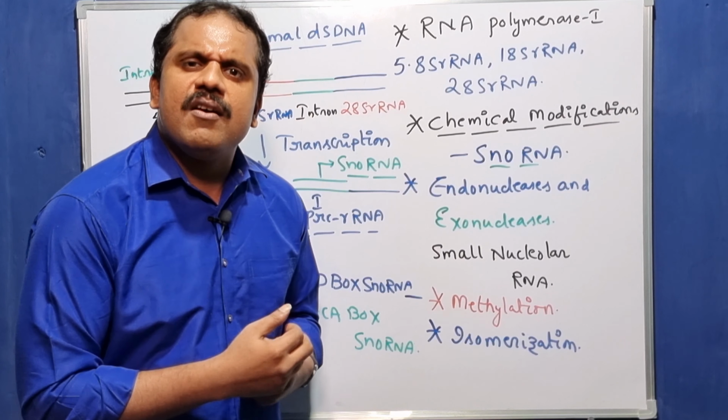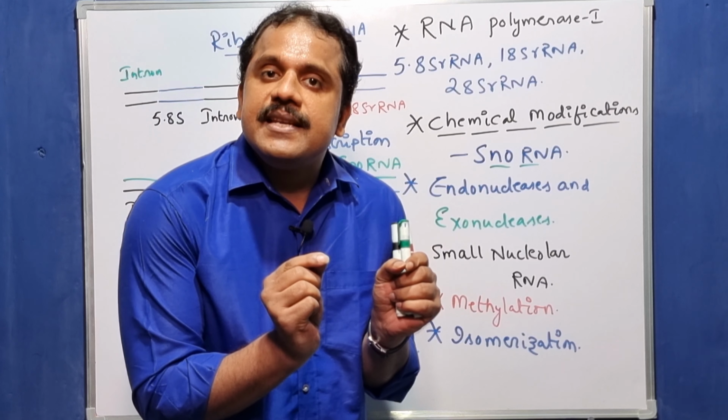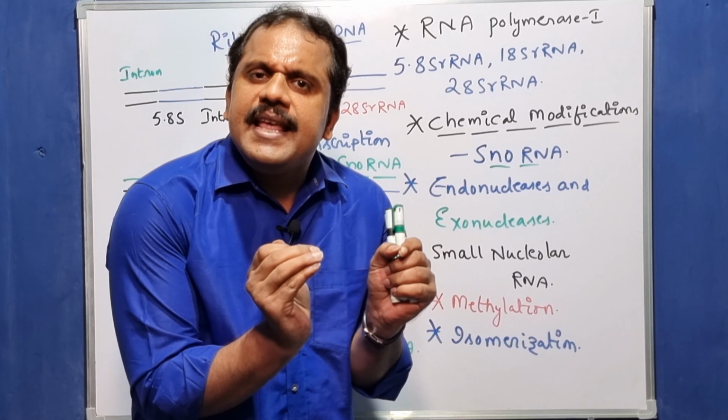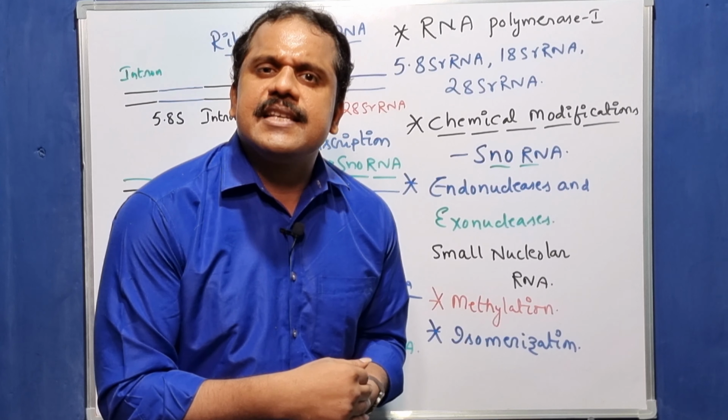In order to induce the methylation, a specific snoRNA, which is nothing but CD box snoRNA, is required. By taking advantage of CD box snoRNA, the methylation is successfully organized.